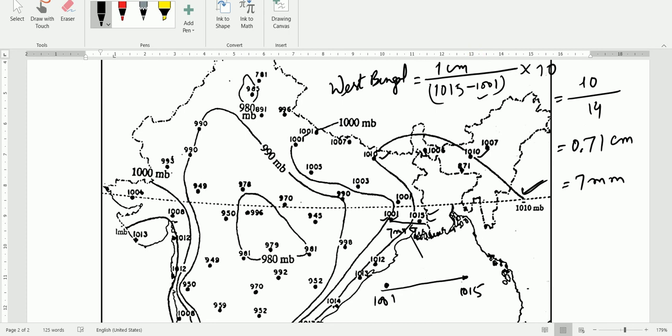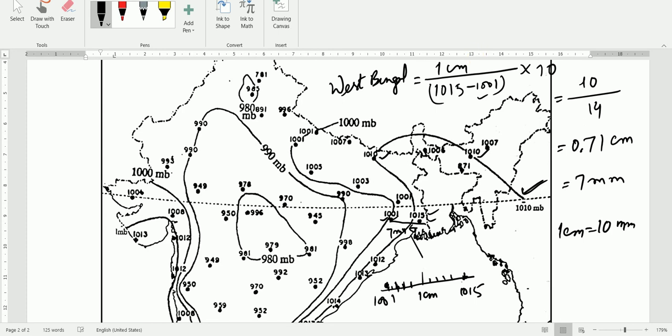We put the scale here, and let us say the distance between the two stations we measured is 1 centimeter, and we have learned that 1 centimeter is equal to 10 millimeters. Here are the marks on the scale, 1 2 3 4 5, 1 2 3 4 5.